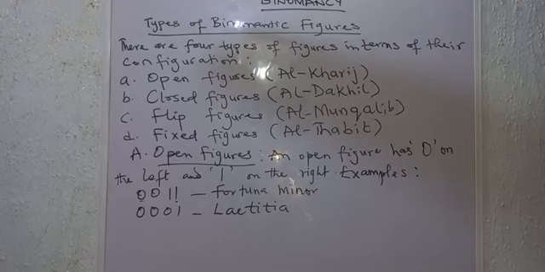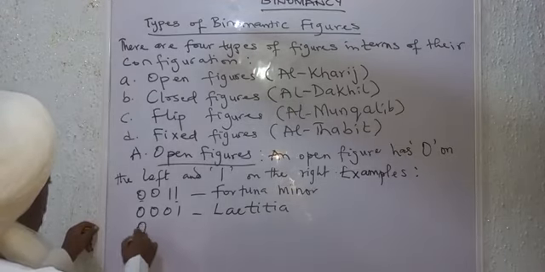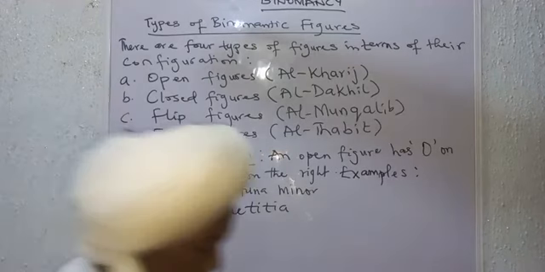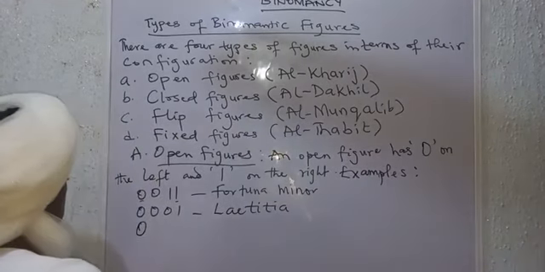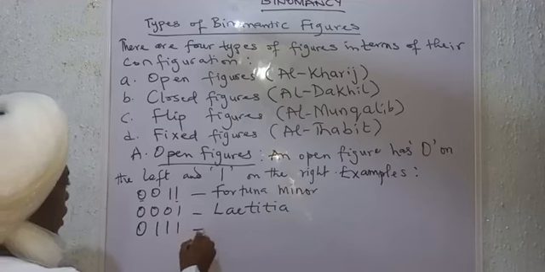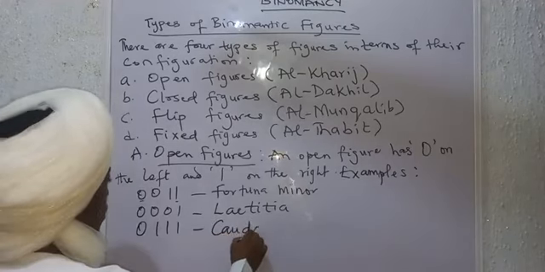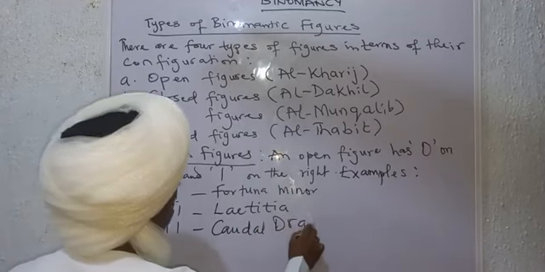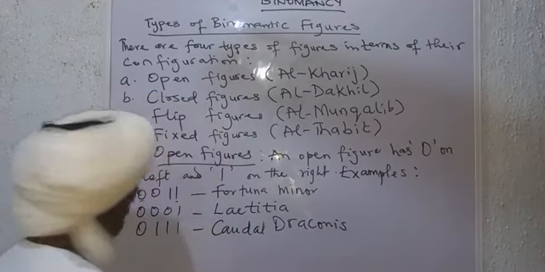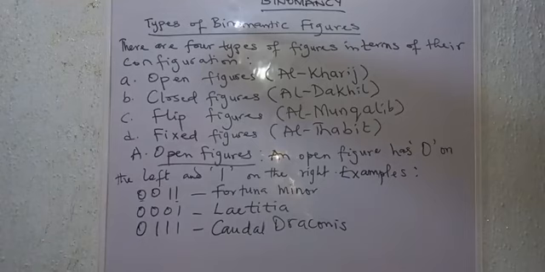Yes, that's correct. Ataba to Khadija. That's from Brother Agbalaya Wiz. 0111. This is another example. This is called Cauda Draconis. It's another example of an open figure.